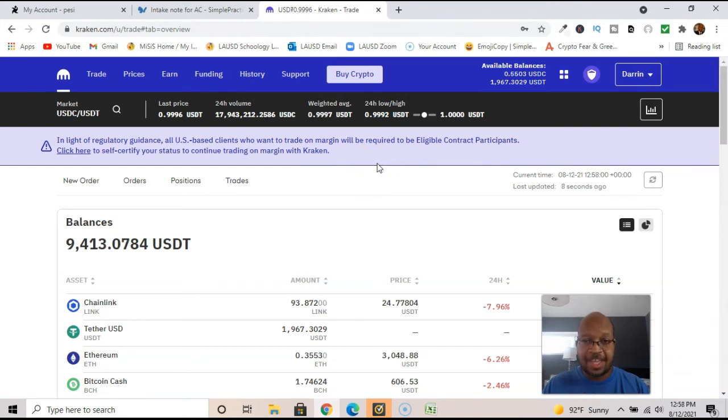Sometimes CopyPro Traders updates might be a little faulty, or the numbers might not match perfectly what you're doing, but your Kraken numbers will always match perfectly what's going on in your account. So I only use Kraken to tell me where I stand with my assets, what my trade positions are, and whether or not I'm profitable. And then I just take that information and put it in my own cryptocurrency trading log.